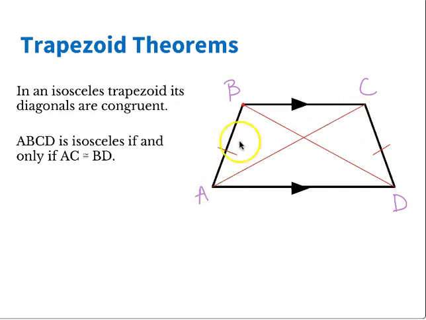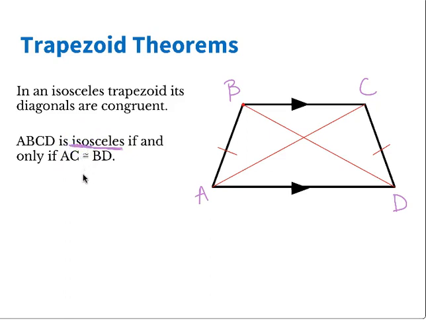If we are looking at the diagonals, this quadrilateral will be an isosceles trapezoid if and only if our diagonals are congruent. So the distance from A to C would have to be congruent to the distance from B to D. And if we have that true, then we know that we're dealing with an isosceles trapezoid.